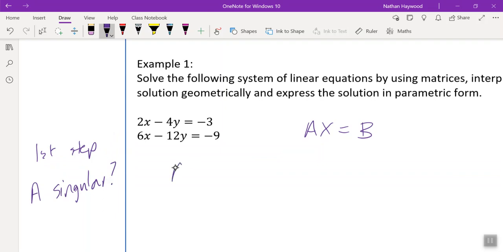So we have to actually construct the A matrix so the people looking at our working out know what we're talking about. So these are the coefficients in front of x and y, x, y, x, y. And you guys remember the X matrix.